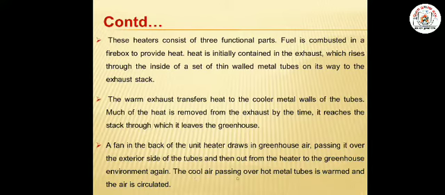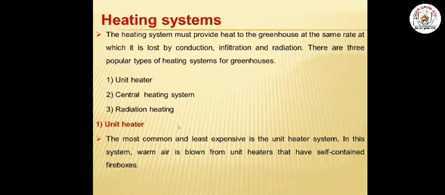Here, the cool air passing over the hot metal tubes is warmed and the air is circulated. In this way, effective heating is achieved in greenhouse structures by means of unit heaters.